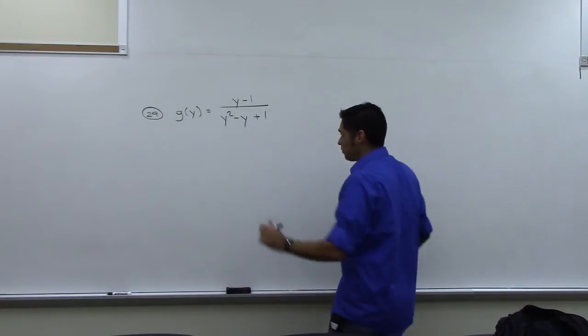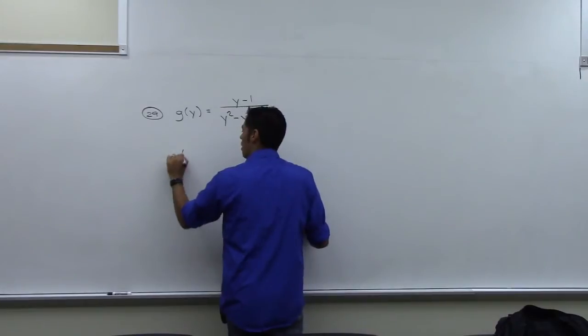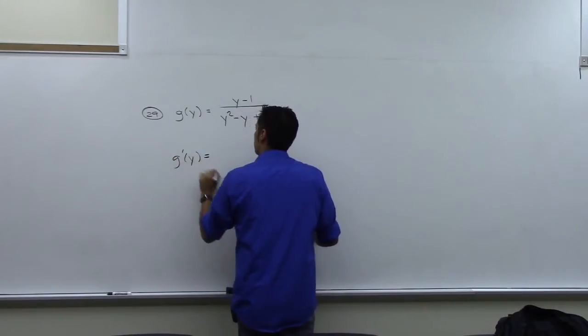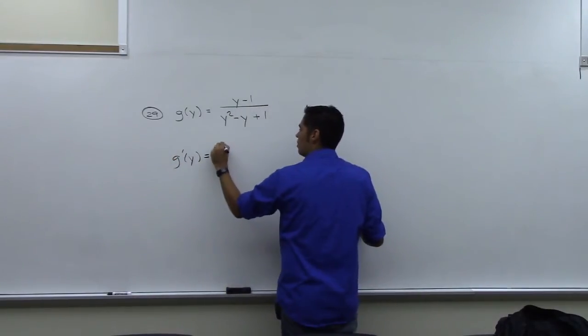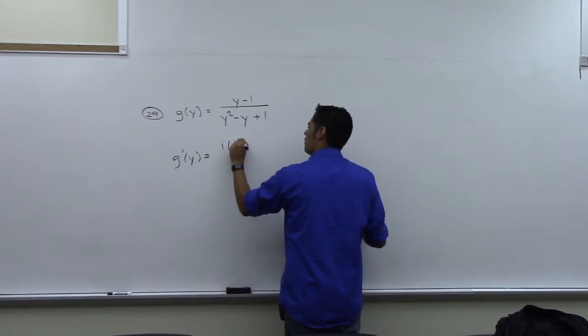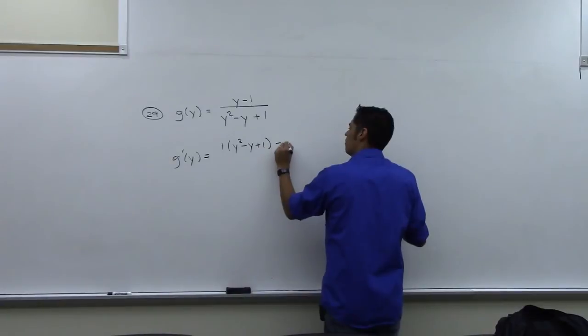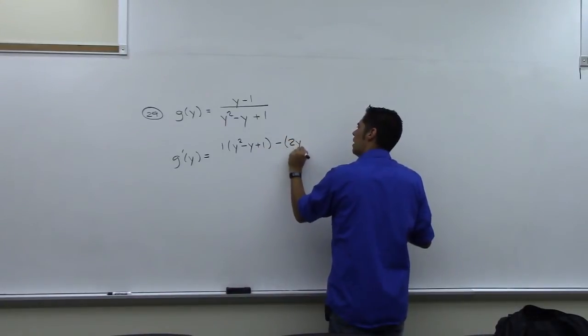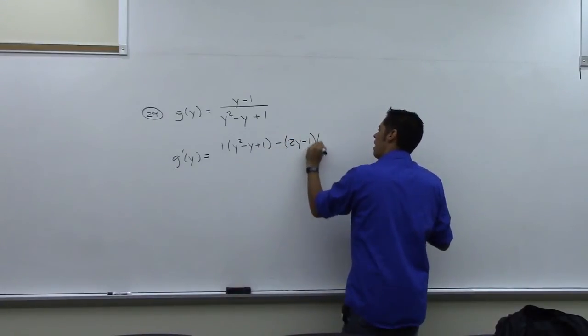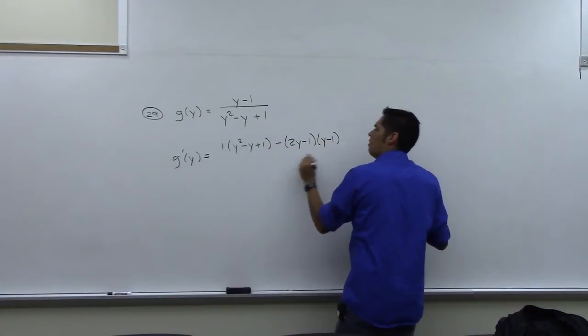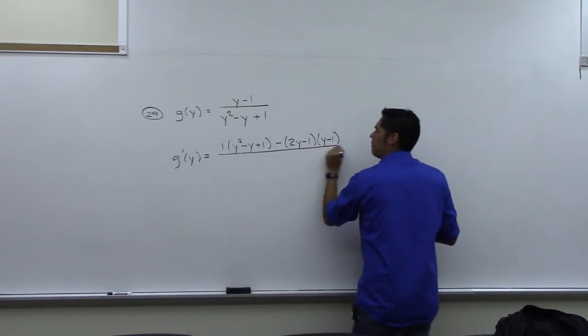And the derivative of this is going to require some quotient rule. So I do derivative of the top, which is just 1 times the bottom, minus the derivative of the bottom, which is 2y minus 1 times the top, all over the bottom squared.